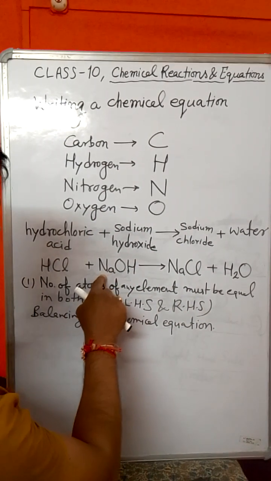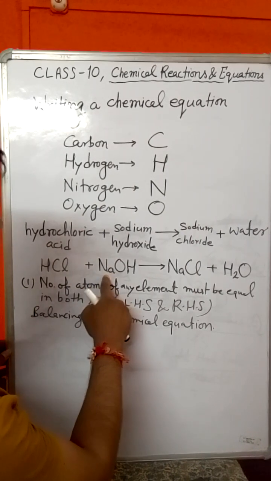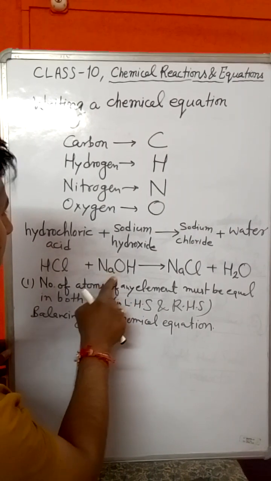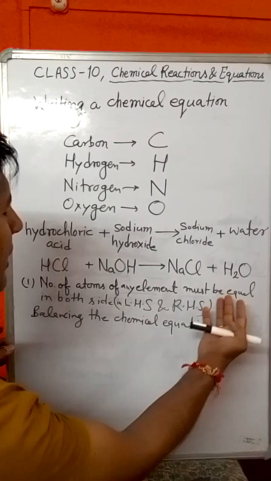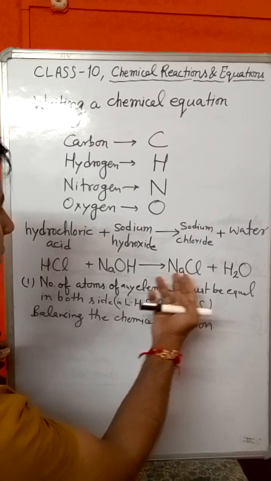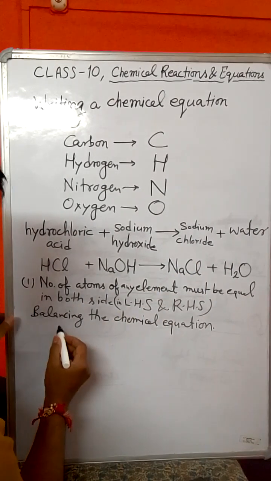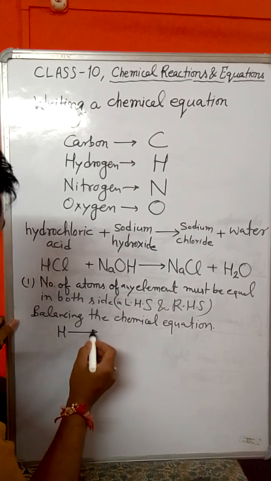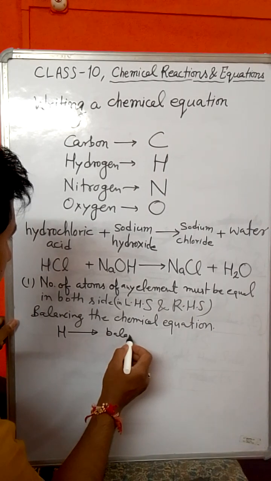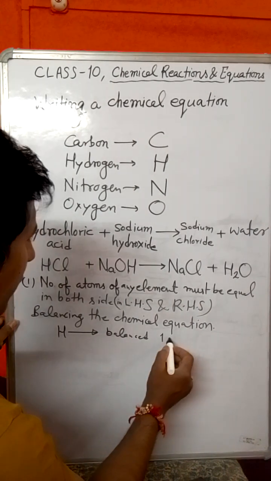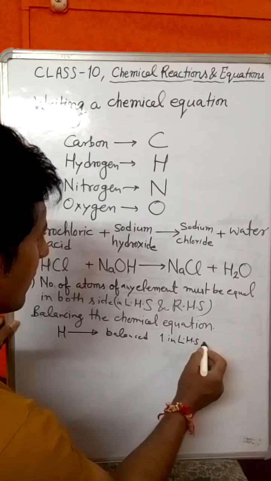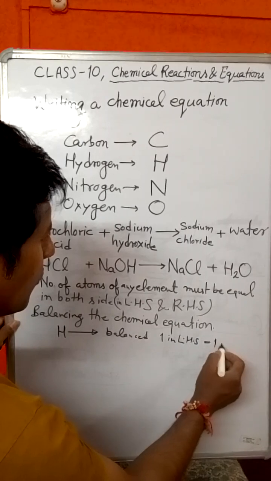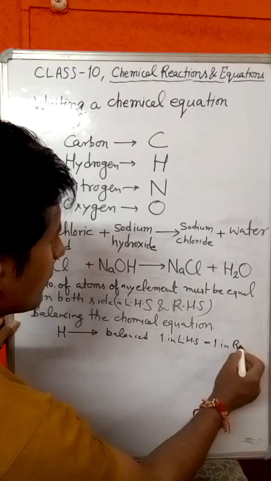While if we talk about sodium, Na, it is only one on the left hand side and in RHS, still it's one, right? So what have we noticed? Hydrogen balanced, one in LHS and one in RHS.